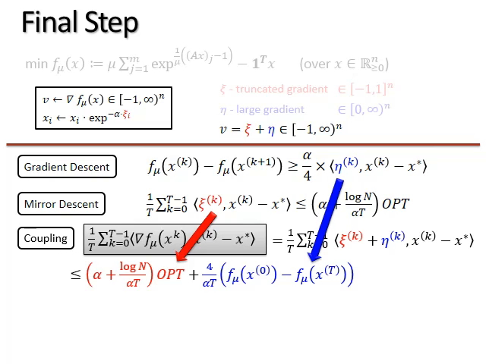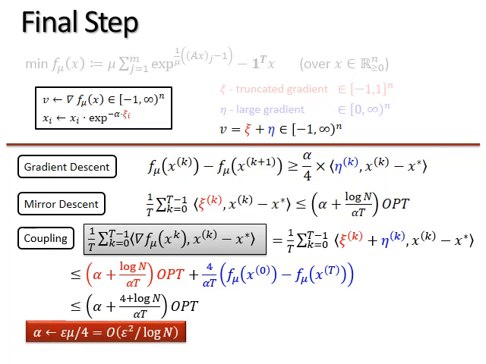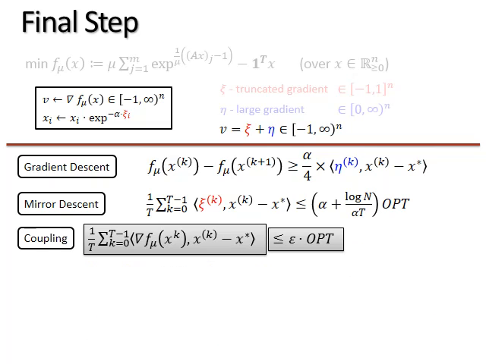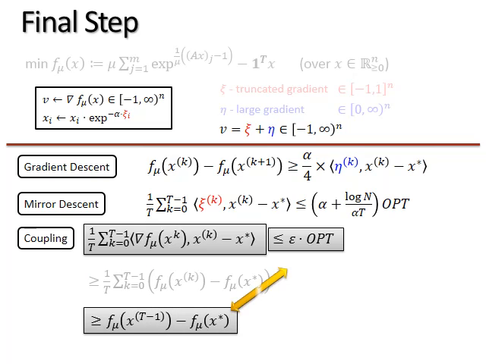And then just by choosing appropriate parameters to balance the two steps, to balance the gradient and mirror descent steps, one can get a good upper bound that's epsilon opt for this quantity. On the other hand, if one lower bounds it properly, he can see that we're essentially done.